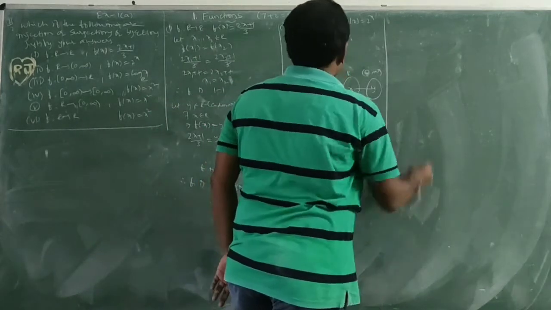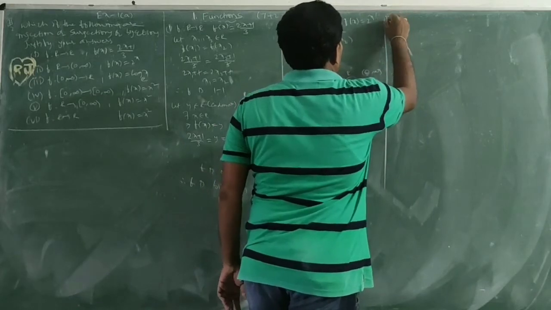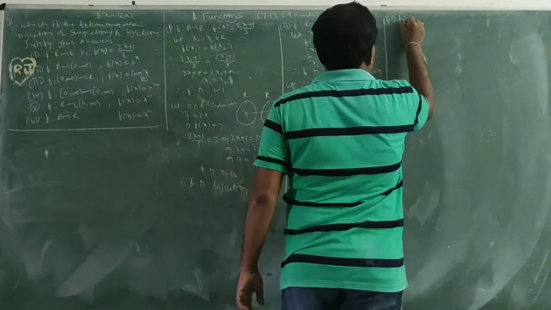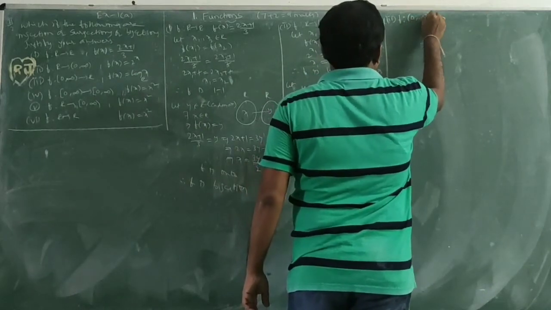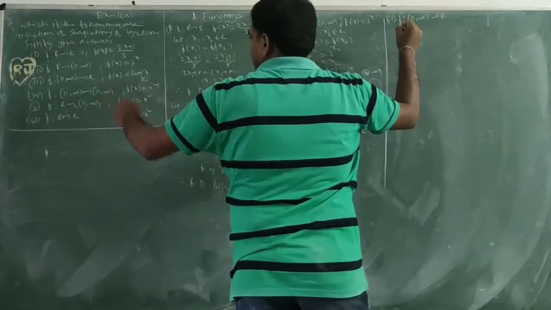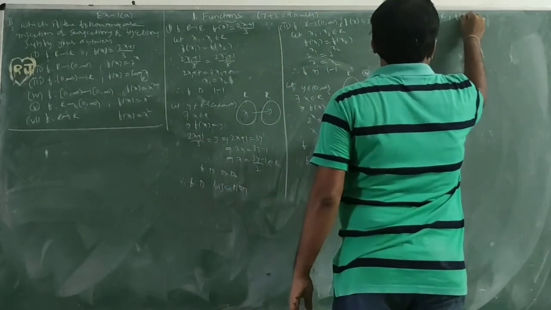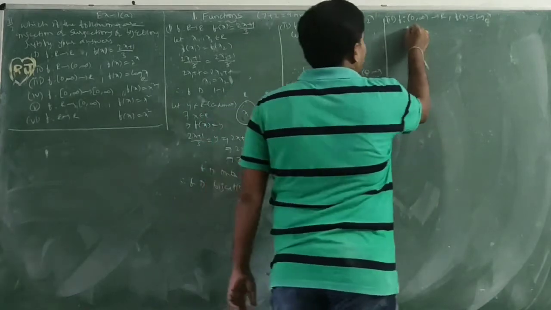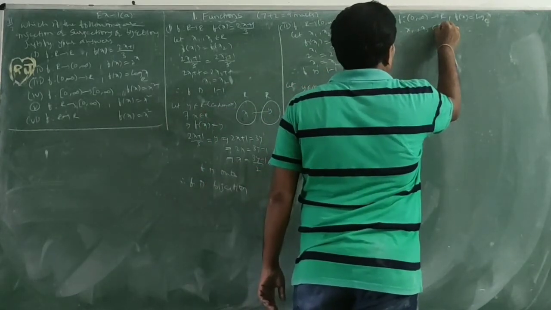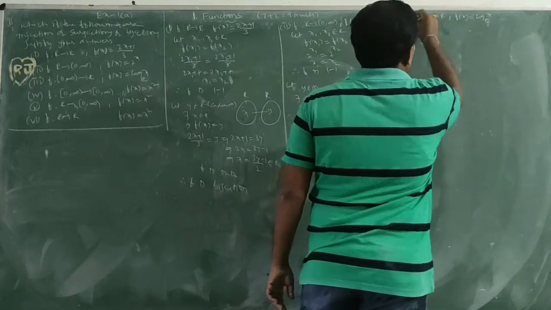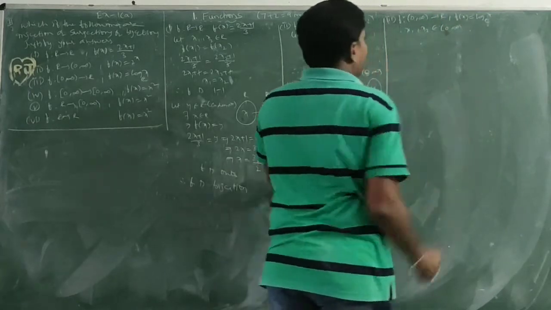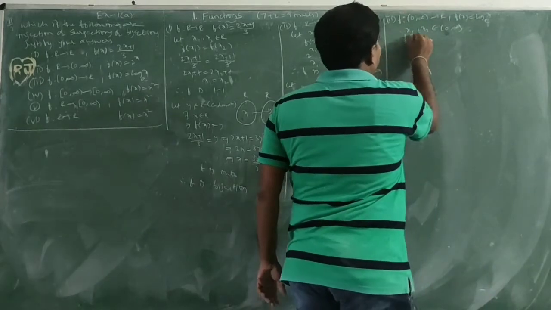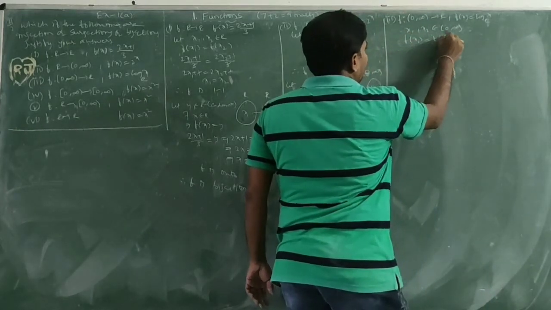Next, coming to the third one. f from (0, infinity) to R, f of x equals log x base e. Let us consider x1 and x2 belonging to 0 to infinity, since the domain is 0 to infinity. f of x1 equals f of x2.